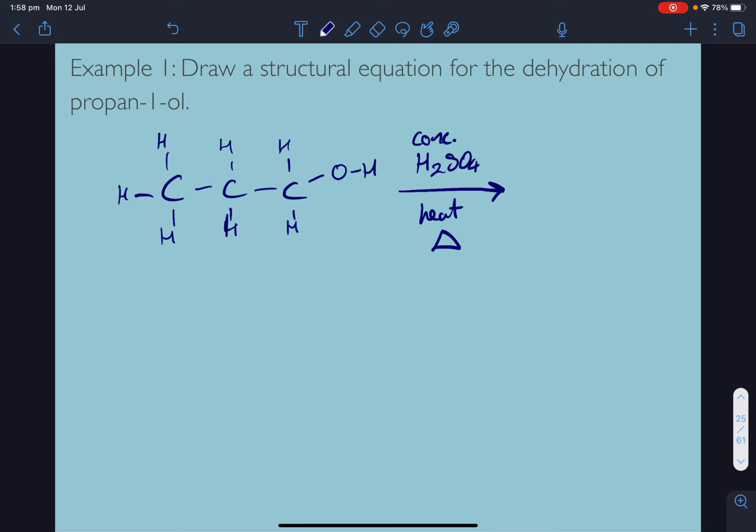Okay, so we're not going to change the backbone. We're going to get rid of the OH, and we're going to add a double bond in. So getting rid of it from the 1 position, we're going to add a double bond between the 1 and the 2. We're not changing this carbon on the left-hand side.